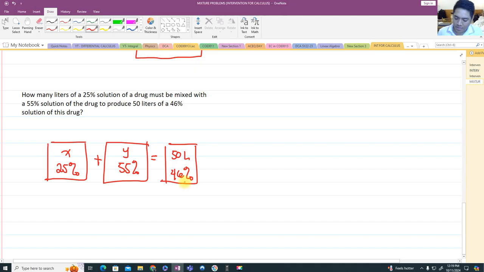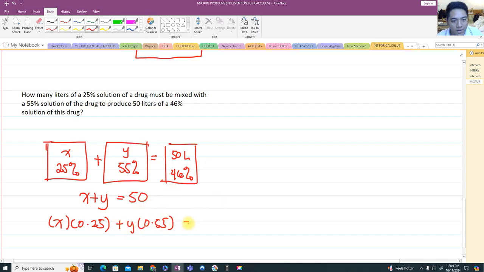Just like the problem we encountered in problem number 1, we shall be solving this equation. We know for a fact that if we add the amounts, x plus y equals 50. The equation would be x times 0.25 plus y times 0.55 equals 50 times 0.46.